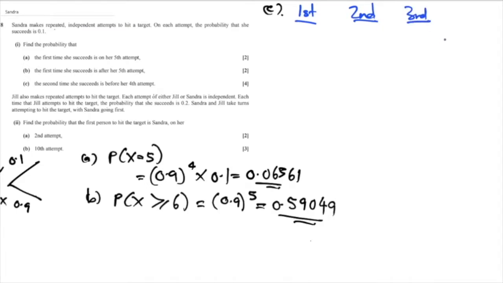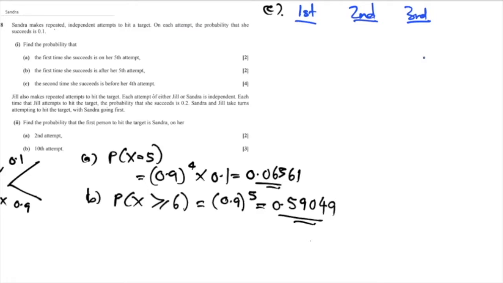I can't go to the 4th attempt because the question says she succeeded before her 4th attempt, so it should be either the second attempt or the third attempt. It can't really be on the first attempt.